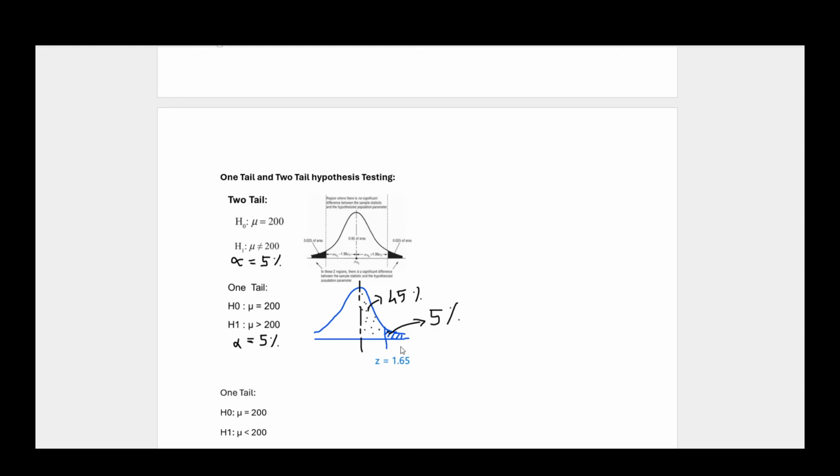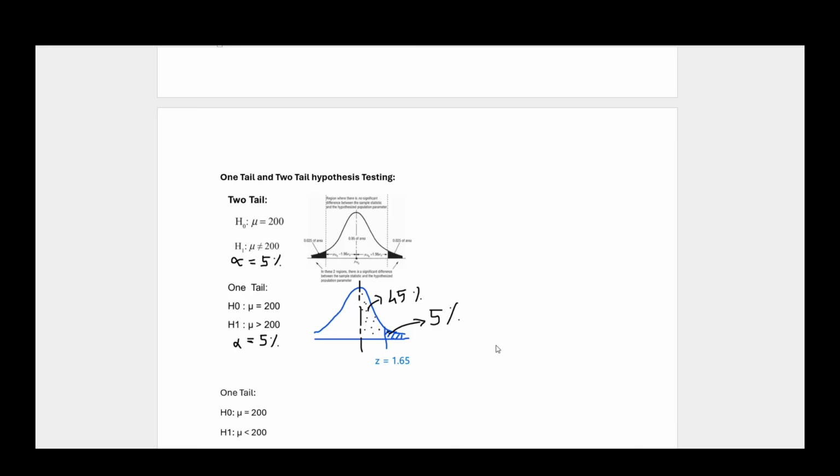If our sample parameter falls in this area, then we say that there is a significant difference between the hypothesized mean of 200 and what the sample is indicating. So we reject the null hypothesis, because this is our rejection area, and this is our acceptance area. Because we are in this region, we reject the null hypothesis and say that the mean is greater than 200.